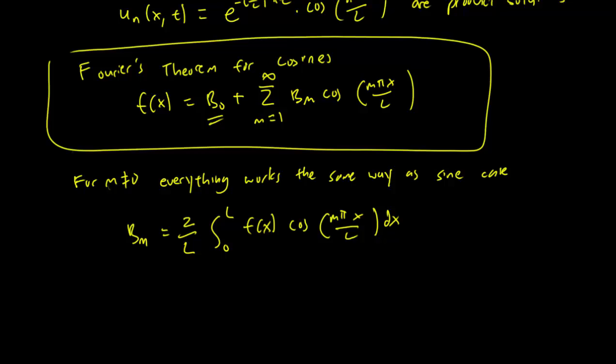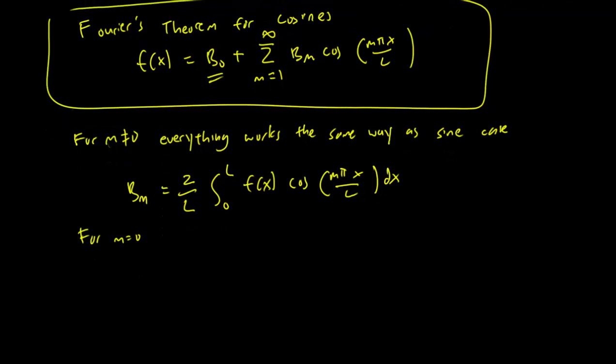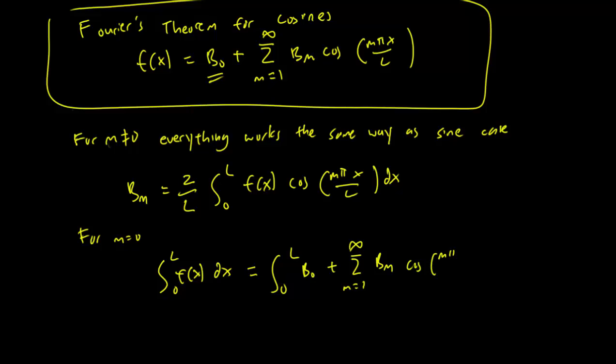What we do is that we take the Fourier's theorem, and say, okay, for m equals 0, let's do this. We multiply by nothing, we integrate f(x) dx, from 0 to L, of course. And we end up with the integral from 0 to L of b naught plus the sum from m equals 1 to infinity of b_m cosine of m pi x over L dx.